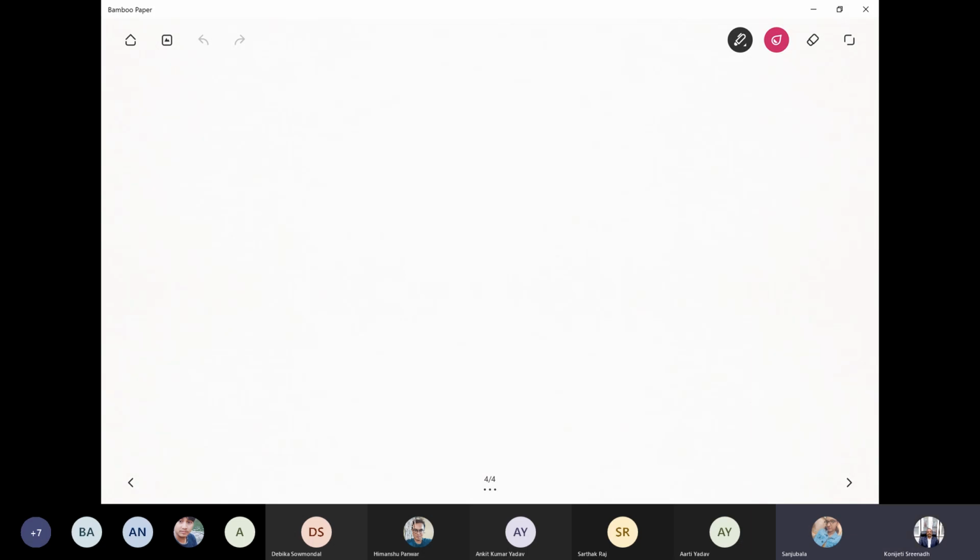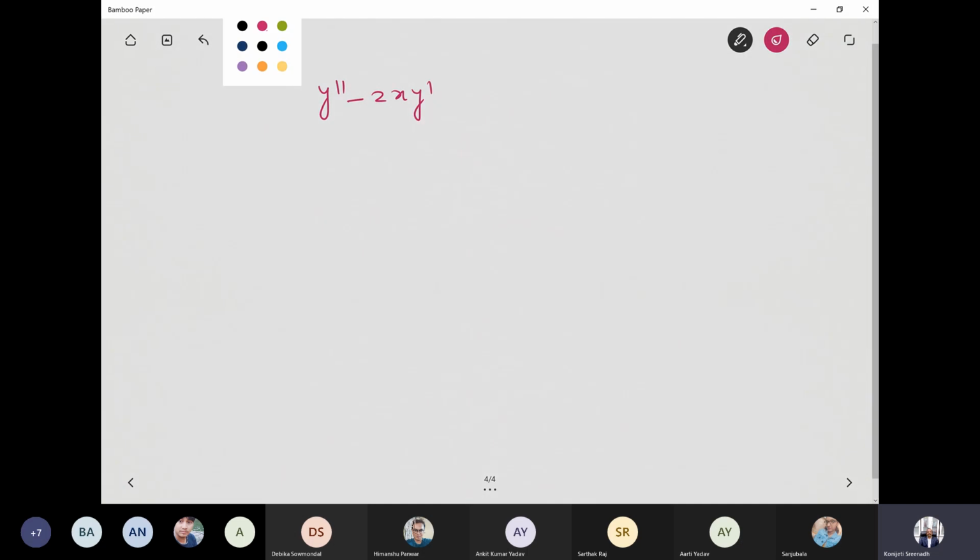See, in problem 3, we gave the Hermite equation, right? So y double prime minus 2x y prime plus 2n y equals 0. So Hn satisfies this.